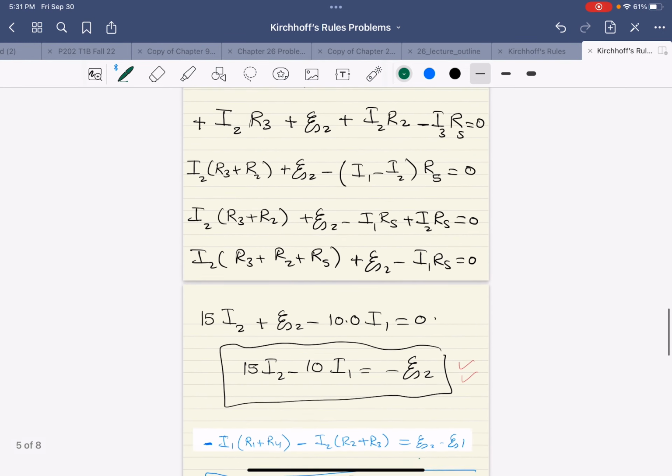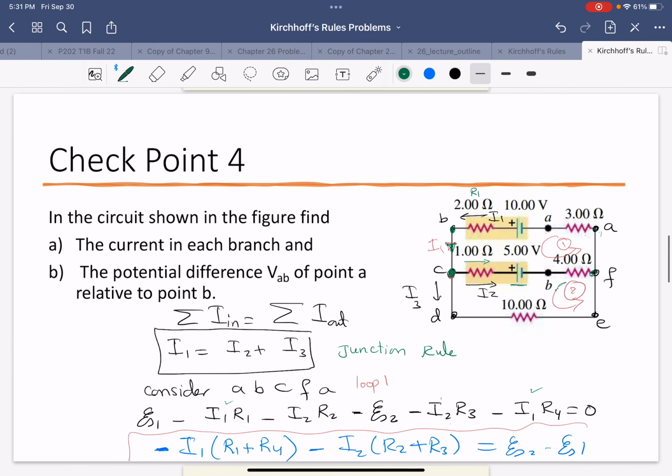Now the second part asks us to calculate the potential difference VAB of point A relative to B. Therefore I need to go through this route here.